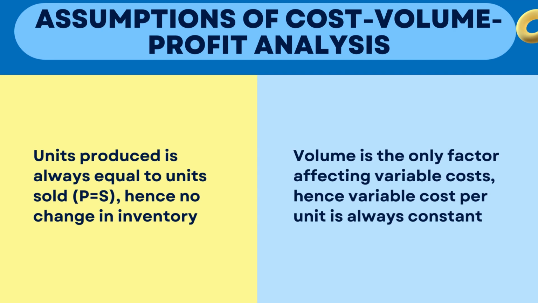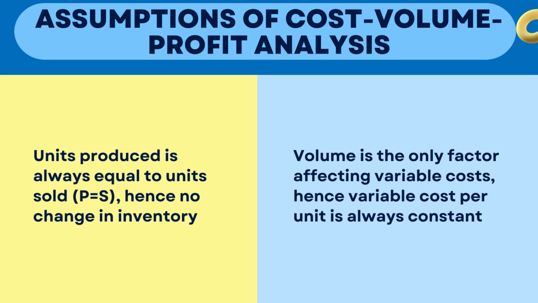Next is that the units produced is always equal to the units sold. So assumption here sa cost volume profit analysis that the units produced is always equal to the units sold. So there is no change of inventory. And the volume is the only factor affecting variable costs. Hence, variable costs per unit is always constant.